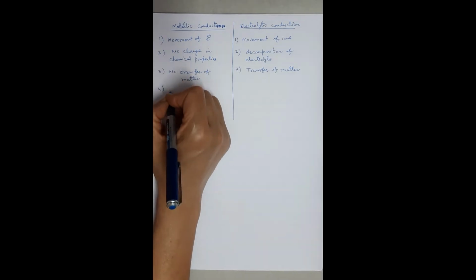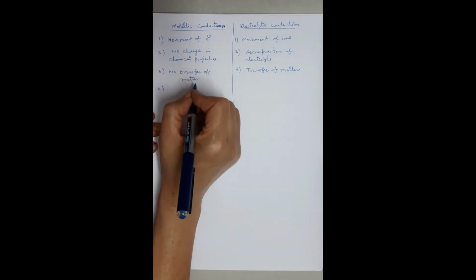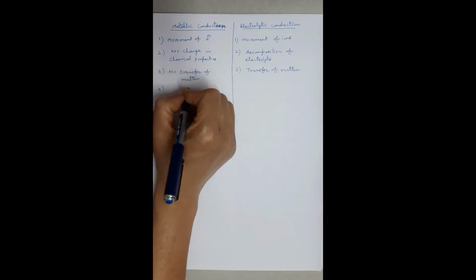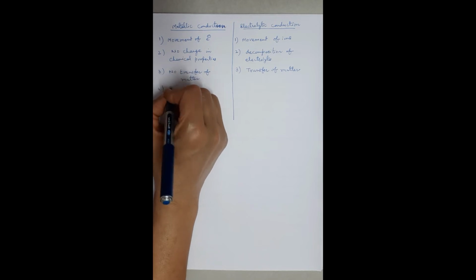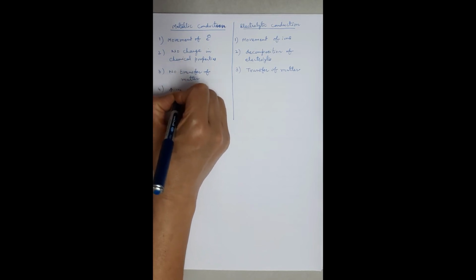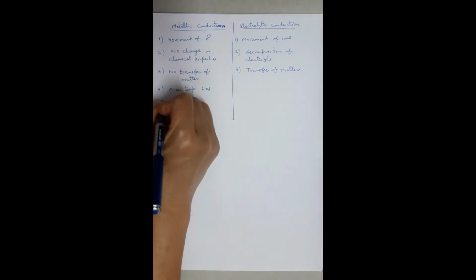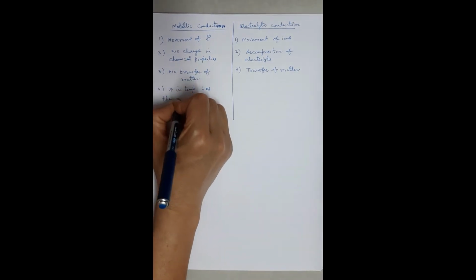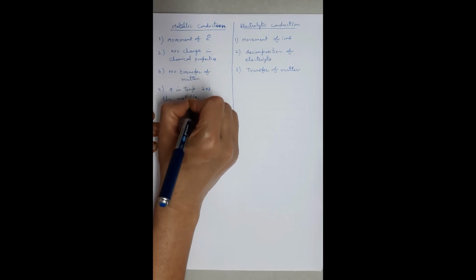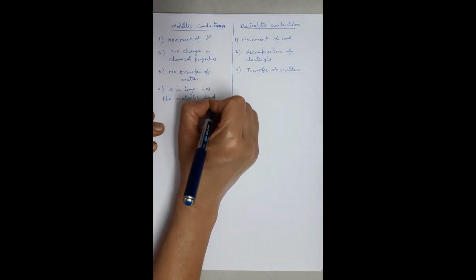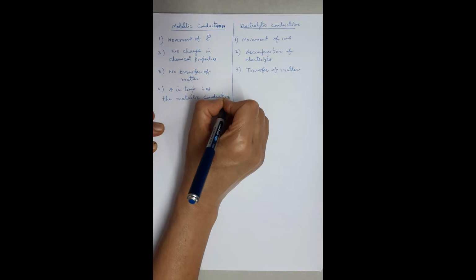One more difference is there. If you increase the temperature of metals, their conductivity decreases. Why? Because, let me write down, increase in temperature decreases the metallic conduction. This is an important question.